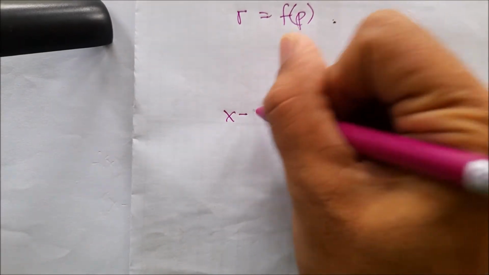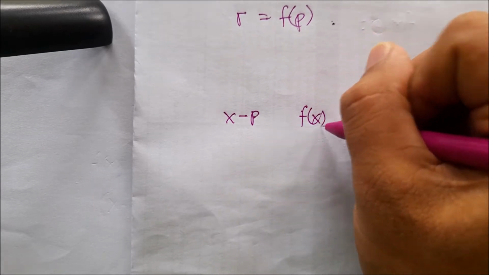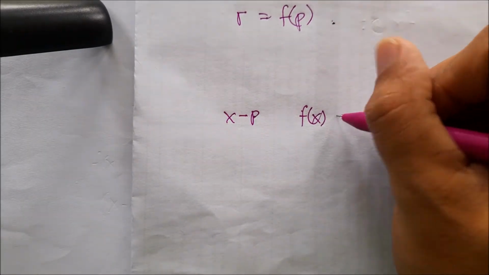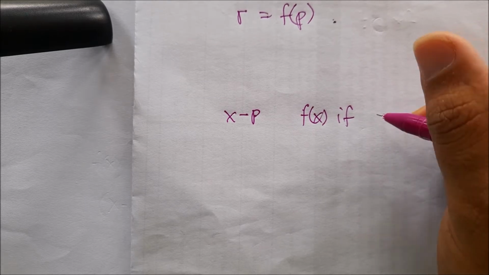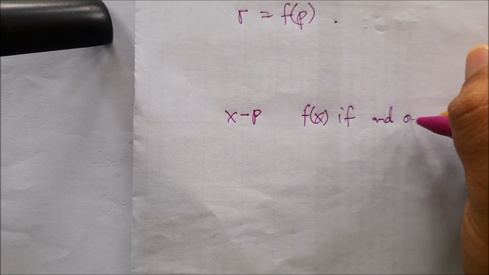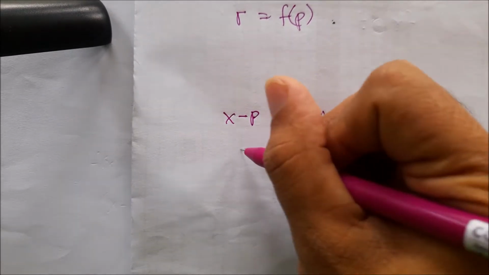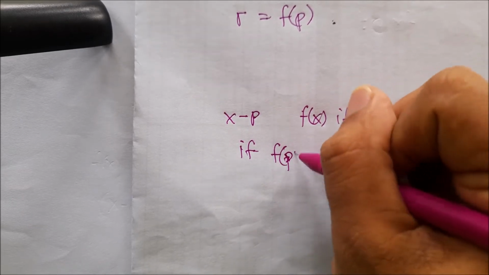In the factor theorem, x minus p is a factor of f of x if and only if f of p equals 0.